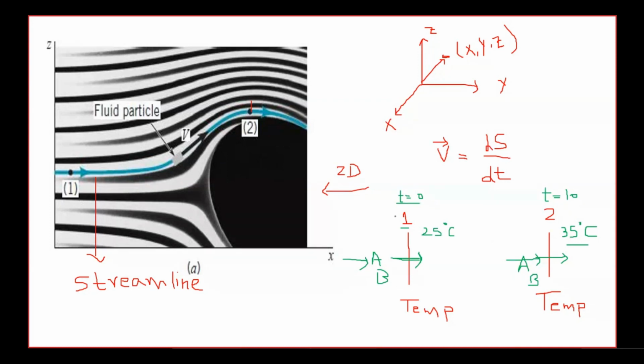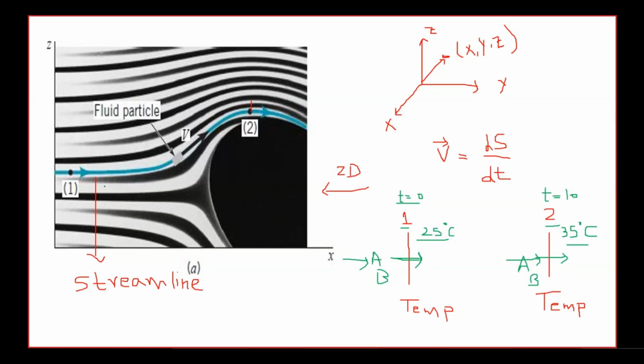Yes, sir. So at time equals 0, all the particles passing from point 1 will show the same temperature. Similarly, at time equals 10 seconds, all the particles passing from location 2 will have the same temperature. So there is no change in temperature with respect to time, and with respect to position the temperatures remain fixed. That is, at position 1 it remains 25 degrees Celsius, and at position 2 it remains 35 degrees Celsius. So this type of flow will be termed steady flow. Is it clear?